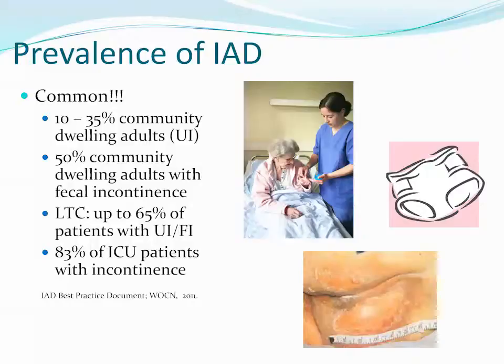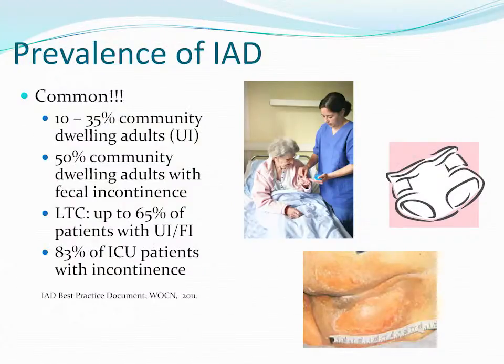So how prevalent is IAD? Well, that's one of the most important messages, is that now that we're actually able to track prevalence of IAD separate from pressure ulcer prevalence, we recognize this is a very common issue. 10 to 35% of community-dwelling adults with urinary incontinence have IAD. I know you see this when people come into your clinics and they come in with skin damage as well as all of these other complaints.